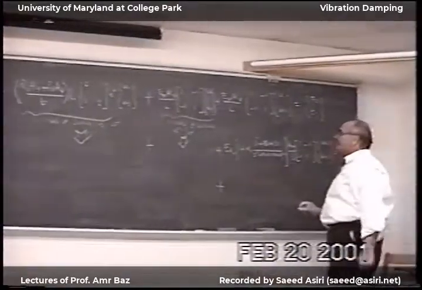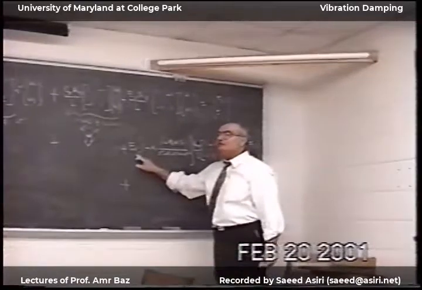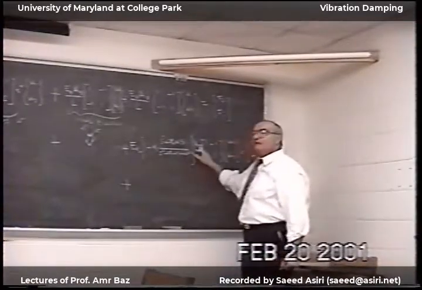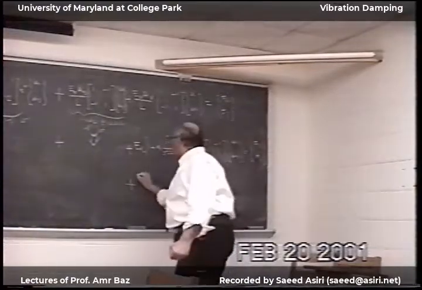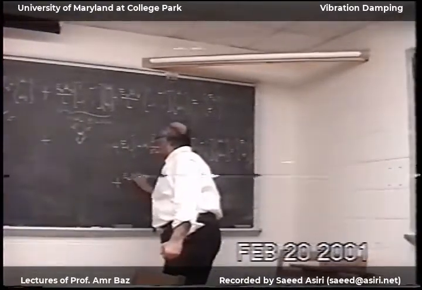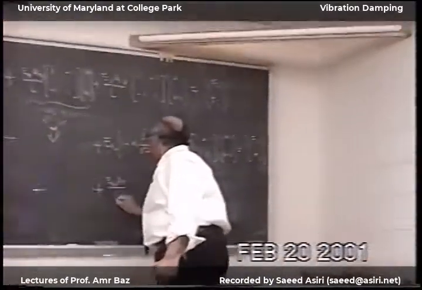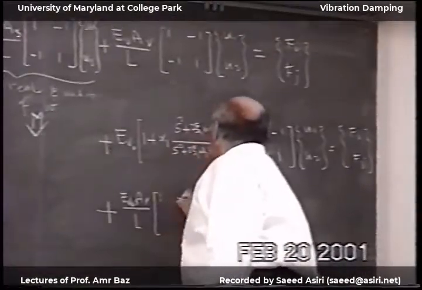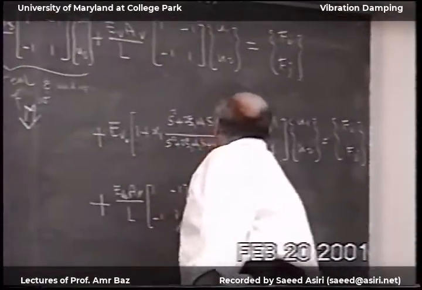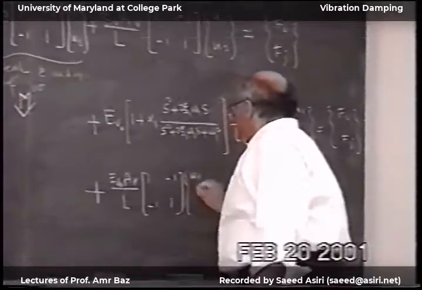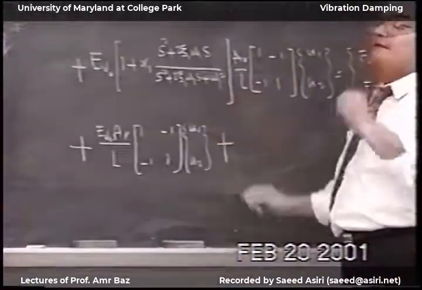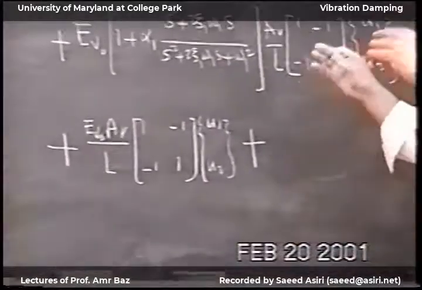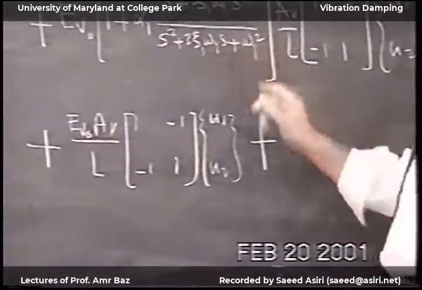This step has EV0 times AV over L times this, plus the remaining term that depends on the omegas and the alphas and the zetas and so on.